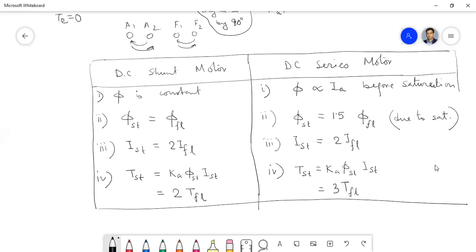So to consider the saturation beforehand, we take this starting flux more than the full load flux, so that during saturation it will be reduced to the full load flux.